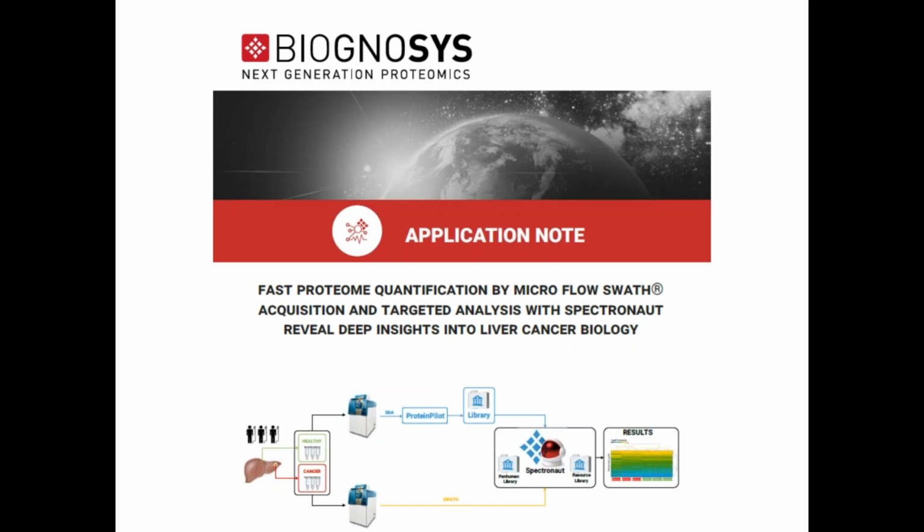So they annotated the healthy and the cancer tissue. Then, as I mentioned before, the liver tissue library is available in Spectronaut, and you can download it within Spectronaut. Just make sure that your computer where Spectronaut is running is connected to the internet, and that the firewall is not blocking access to our server.